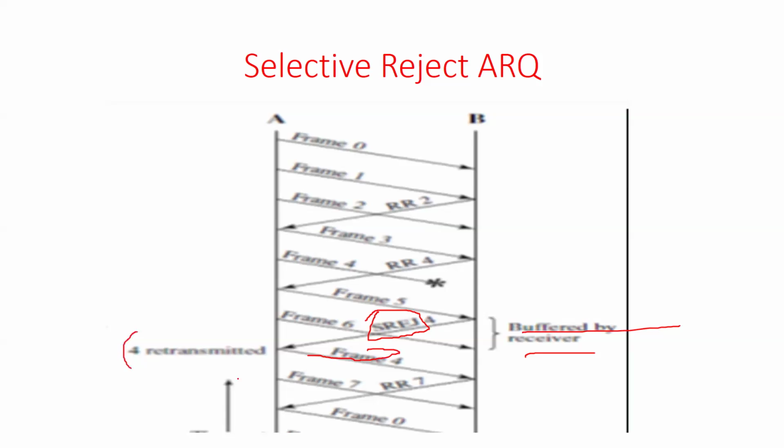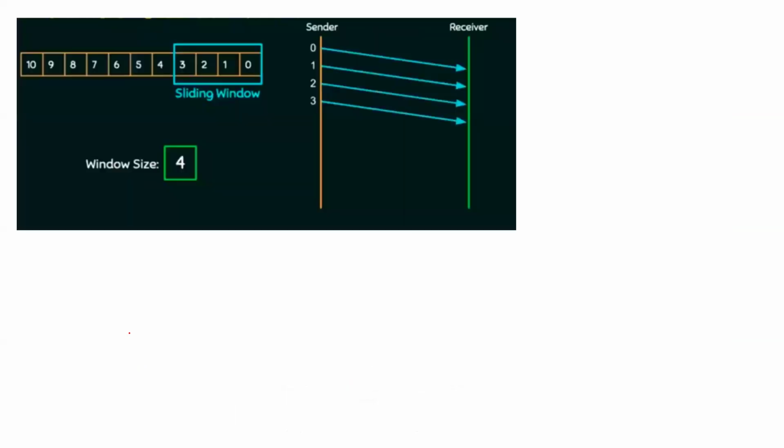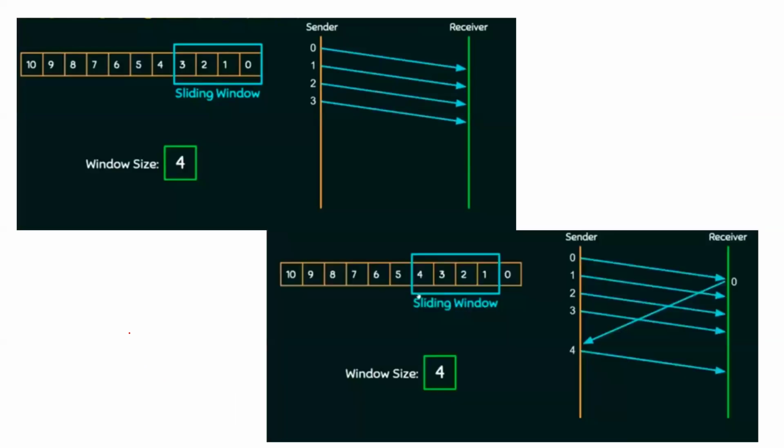Here the retransmission is done in your selective reject. In this ARQ you select what to transmit from A to B, and you can reject a particular request or frame. This is called selective reject ARQ. This is a small example of selective reject ARQ. It also works in the form of a sliding window.